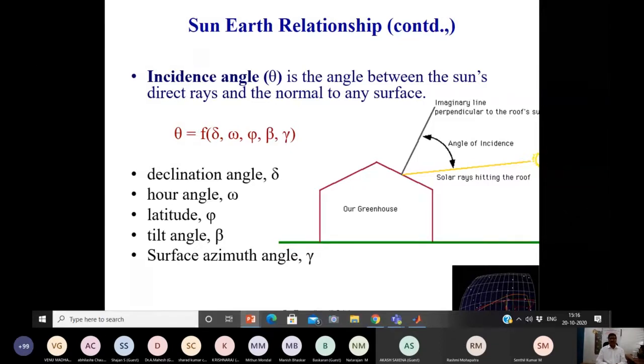So one reference line is required. The south line is the reference line. With reference to the south, the angle the shadow of the sunbeam makes to the south line is called the azimuth angle. If the azimuth angle is defined with reference to the sunbeam, then that is called the solar azimuth angle.